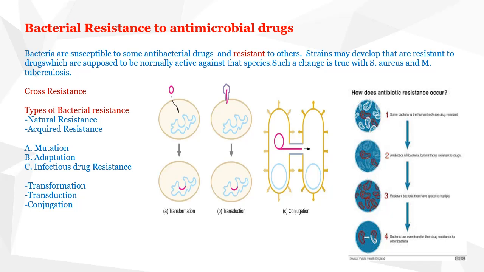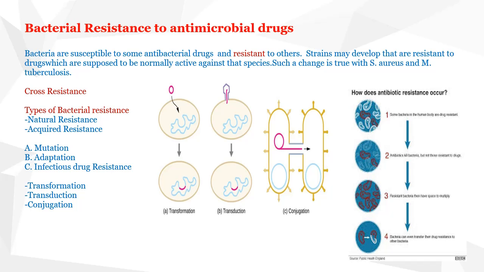Now, the first case of multiple drug resistance, or resistance to multiple drugs, was first reported and recognized in Japan in 1959 after the outbreak of bacillary dysentery caused by Shigella flexneri.